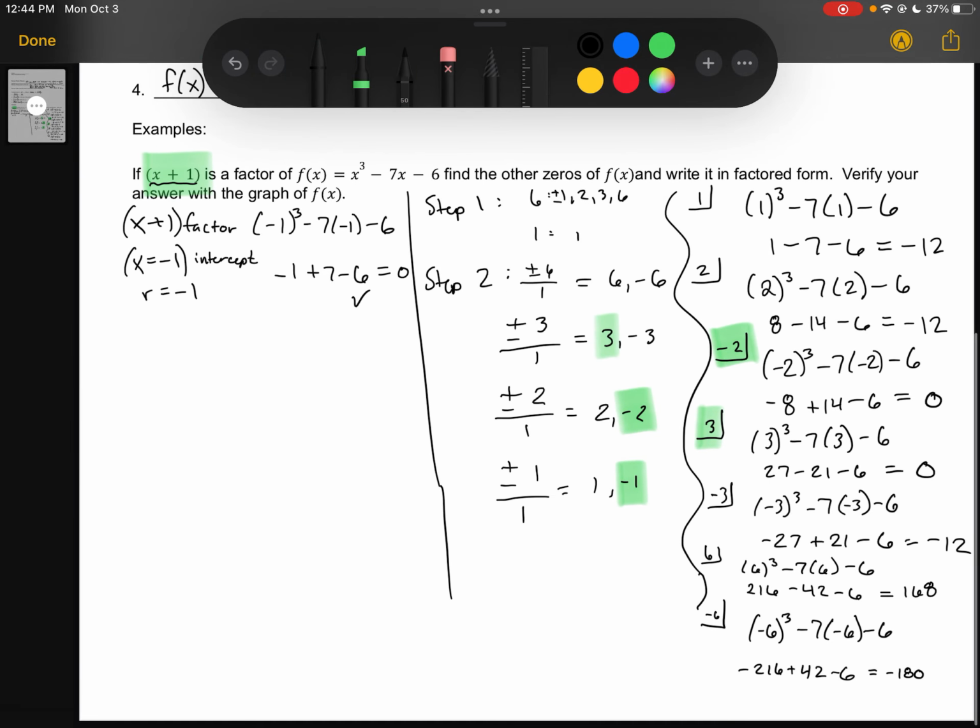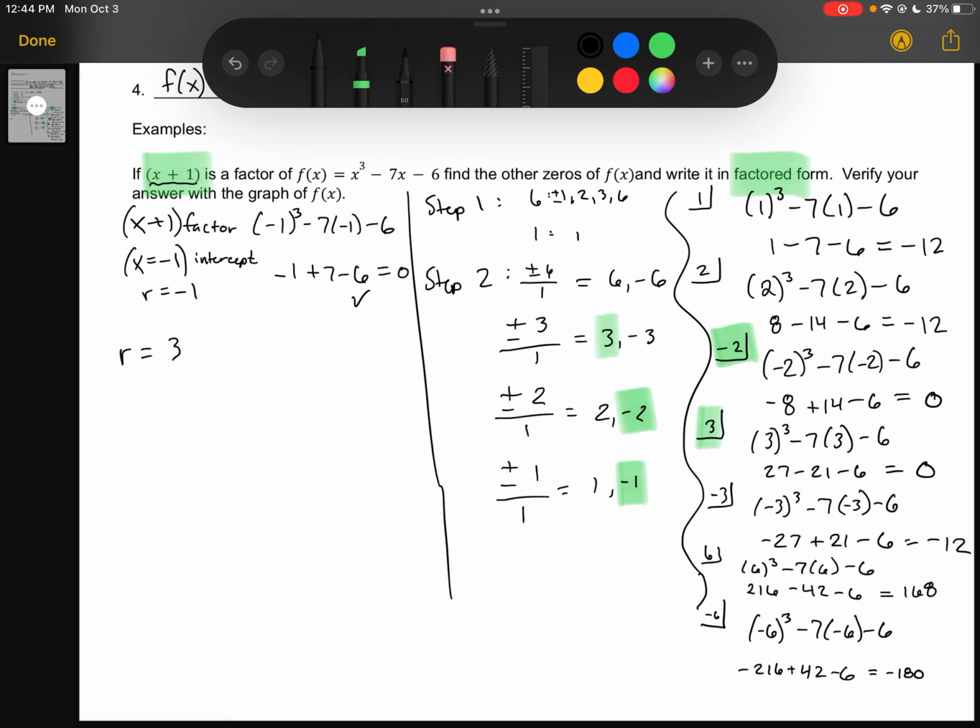So our three terms that work are 3, negative 2, and negative 1. Those are the actual r values. If we are looking to write it in factored form, we don't write down the r values; we have to do the opposite of them.